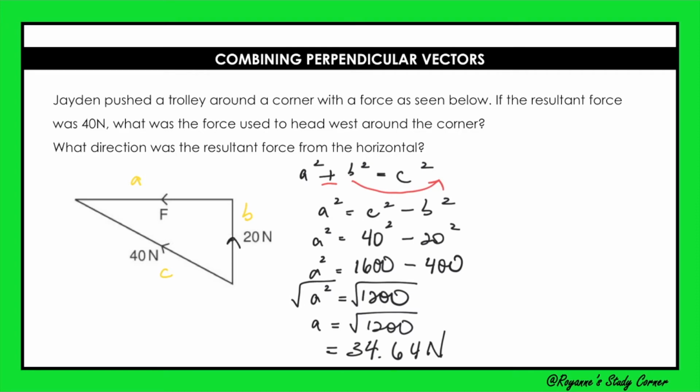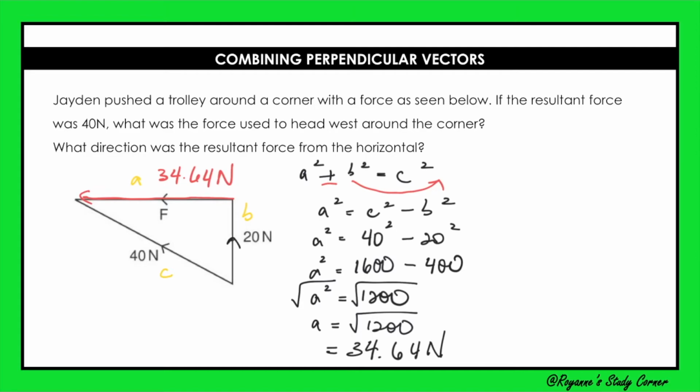So the force that he pushed the trolley with over here is 34.64 newtons. So we have our missing side. Now the next part asks us to find the direction of the resultant from the horizontal.